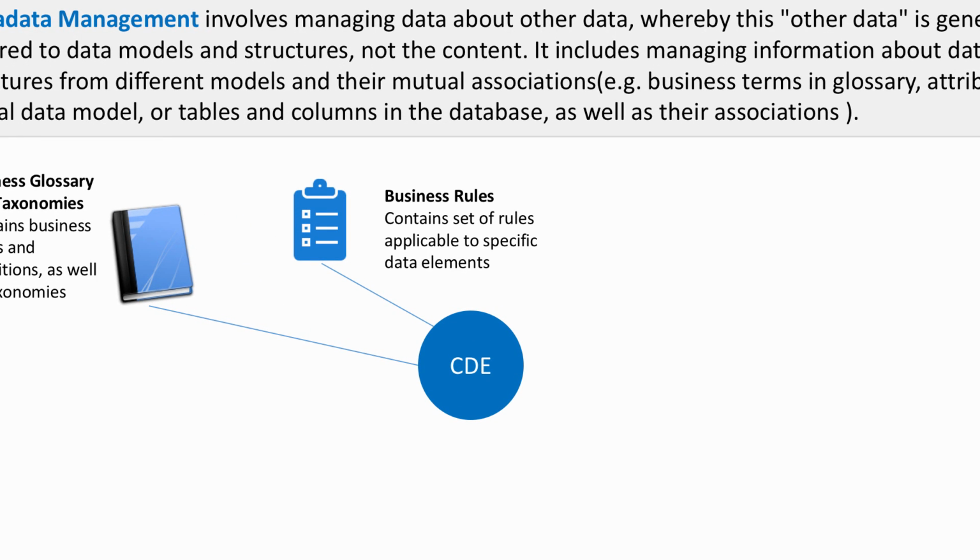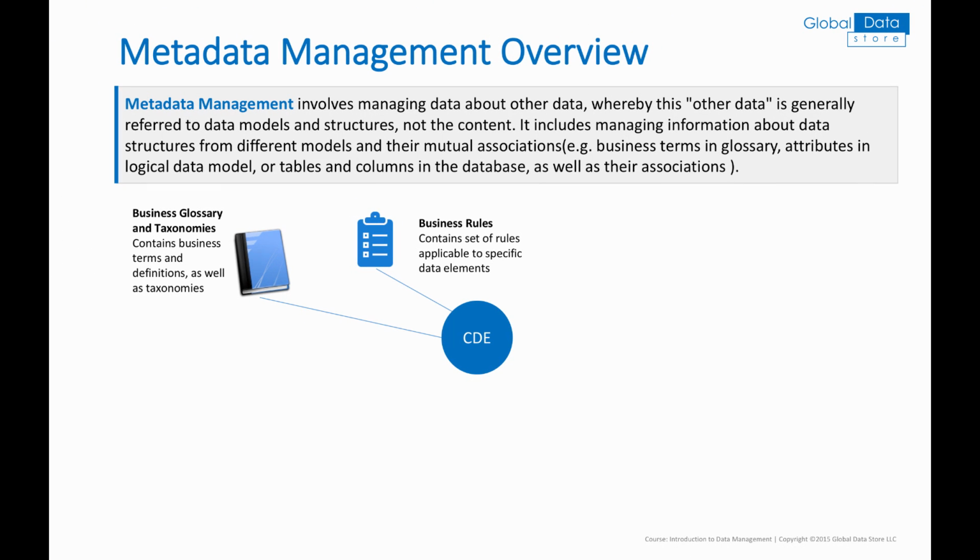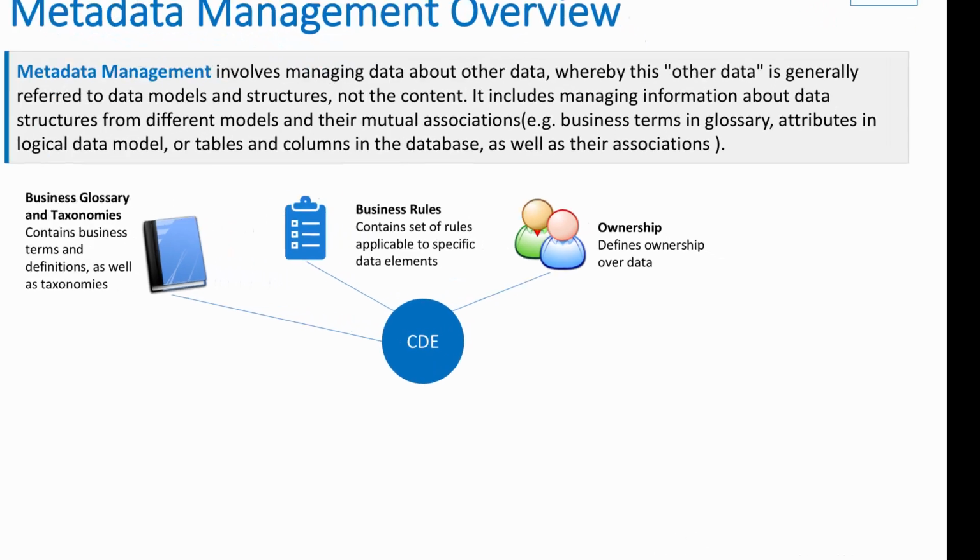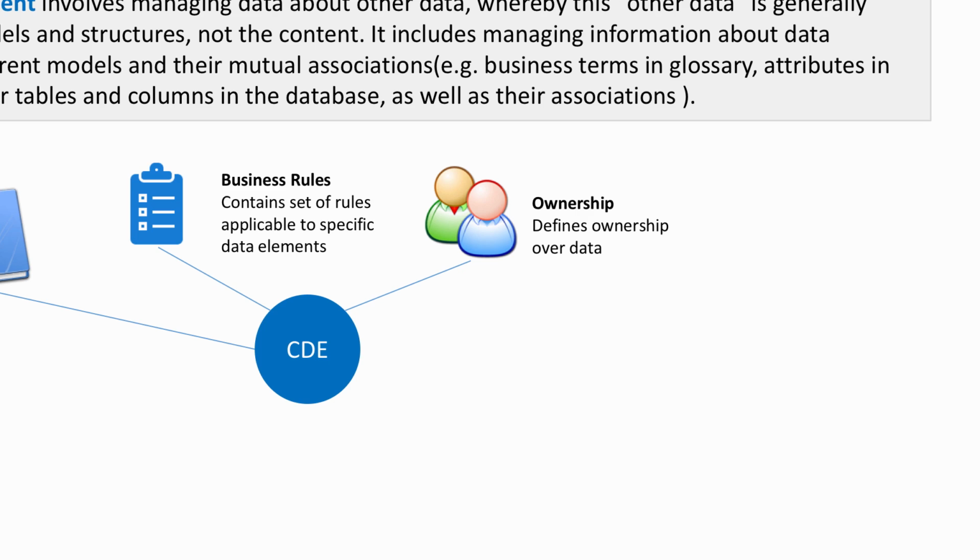Business rules refers to set of rules applicable to data element. Ownership refers to specific people or roles that are accountable or responsible for the data element.